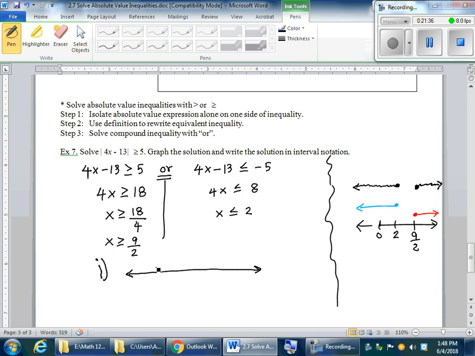The graph will be here, 0, 2, 9 over 2, going to the left hand side, or 9 over 2 closed circle going to the right hand side.